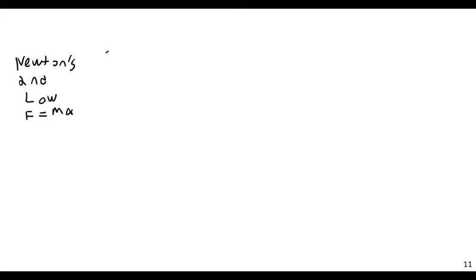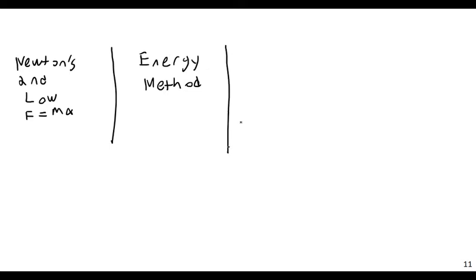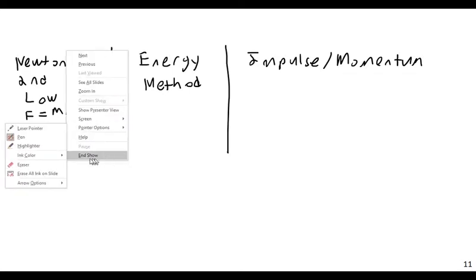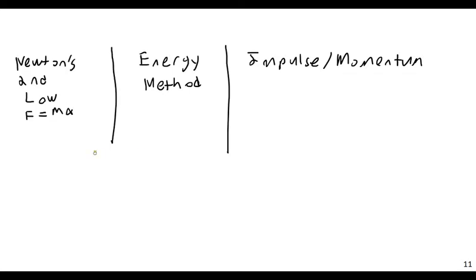Sum of forces equals mass times acceleration. We have energy method problems, which we have just finished working with for now. And we have impulse and momentum problems. Each of these is well suited for certain types of systems, inputs, or quantities we're considering. The first is very good for forces and accelerations.